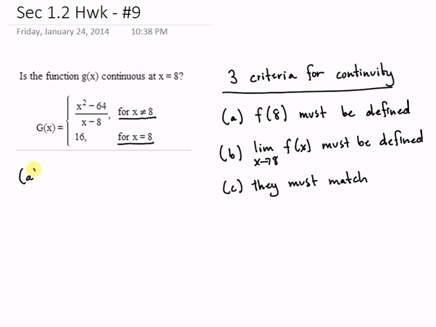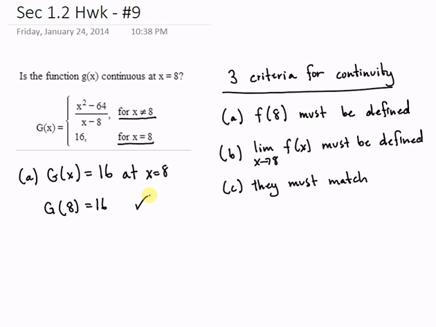For criterion A, our function says that g of x is equal to 16 at x equals 8. This just means that g of 8 is equal to 16.